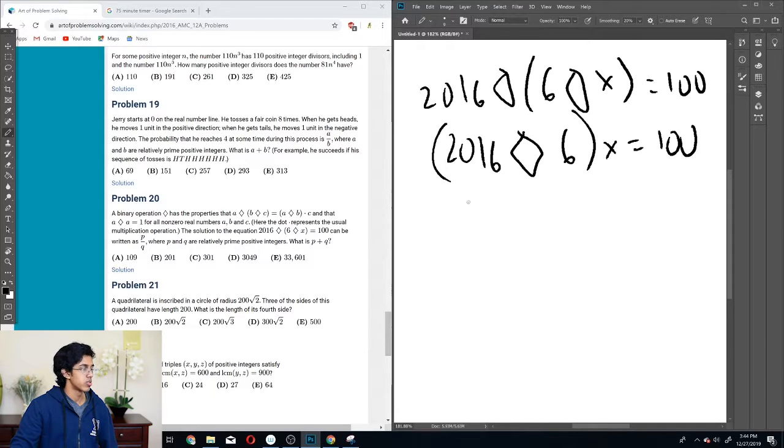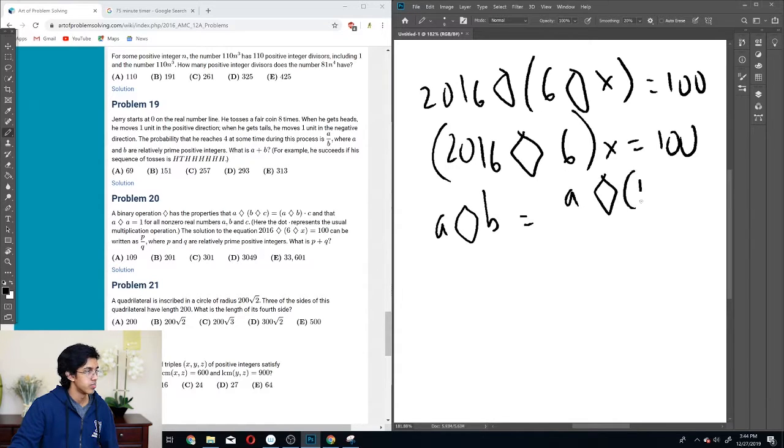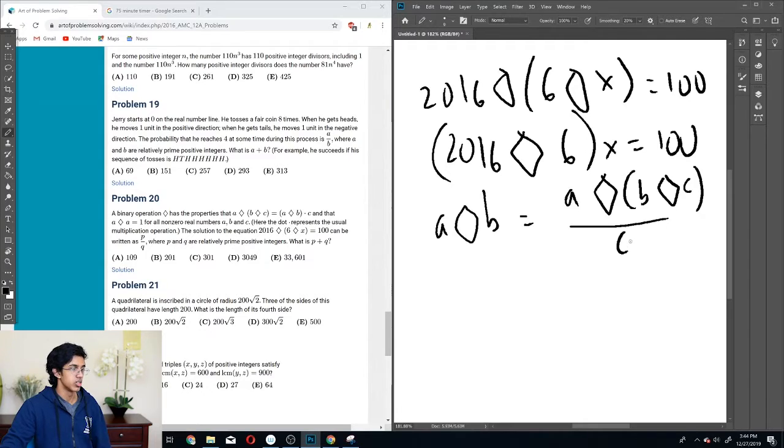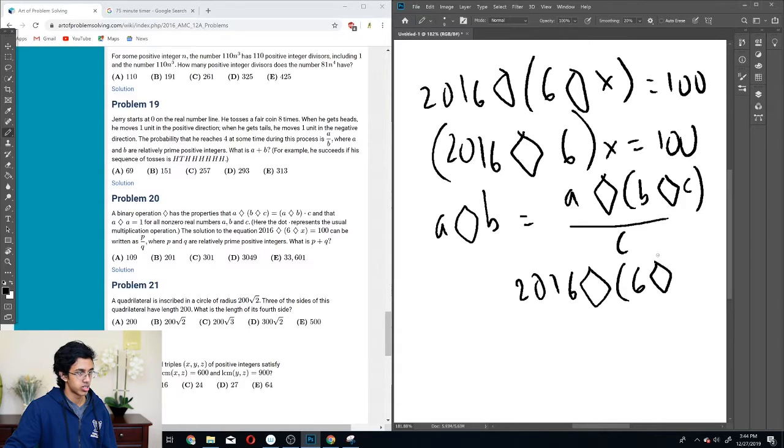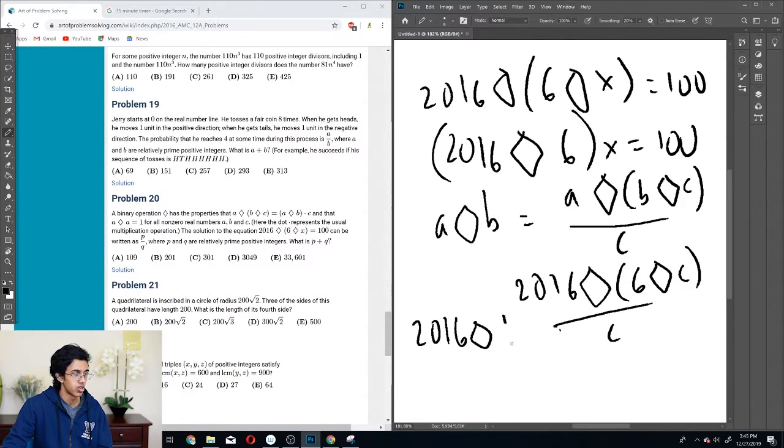Oh wait, so we also know that a this b is equal to a this b this c over c. Okay, so 2016 6, so this would be 2016 times 6 of c over c. So we made c 6, then we get that 2016 of 1. Well, then we get that this is equal to this, right?